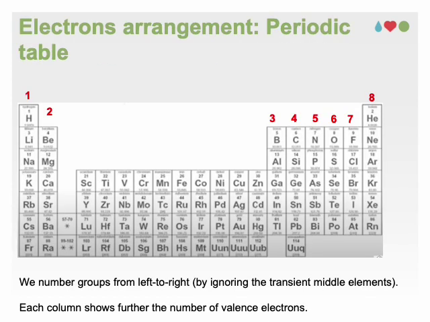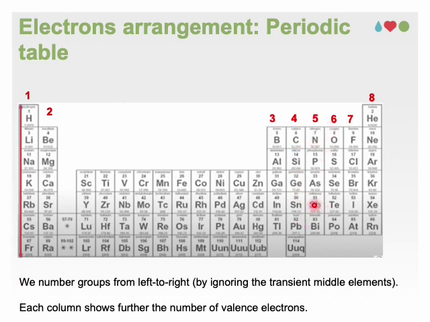Let's dive into the valence electrons, starting from periodic table. Columns show groups that we can number from left to right by ignoring middle elements as shown. Here the numbers show both the number of groups and the number of valence electrons.